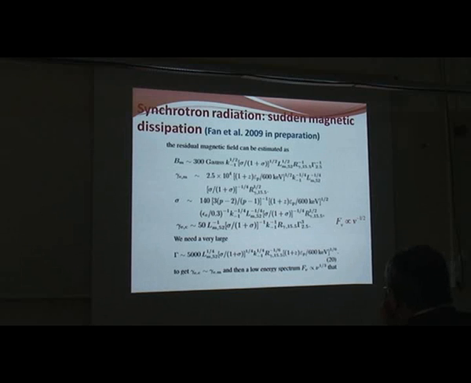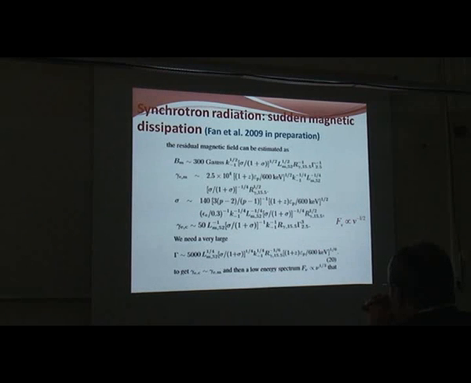If we interpret this soft gamma radiation as synchrotron radiation of the accelerated electrons, the random Lorentz factor has to be very large, of order 10^4. So the outflow has to be highly magnetized.